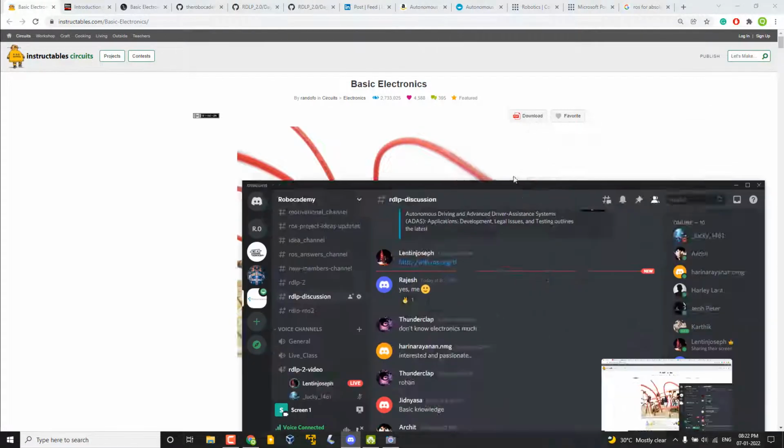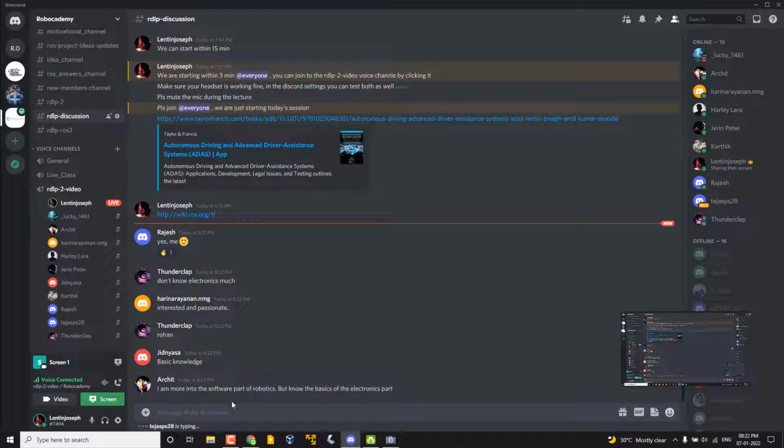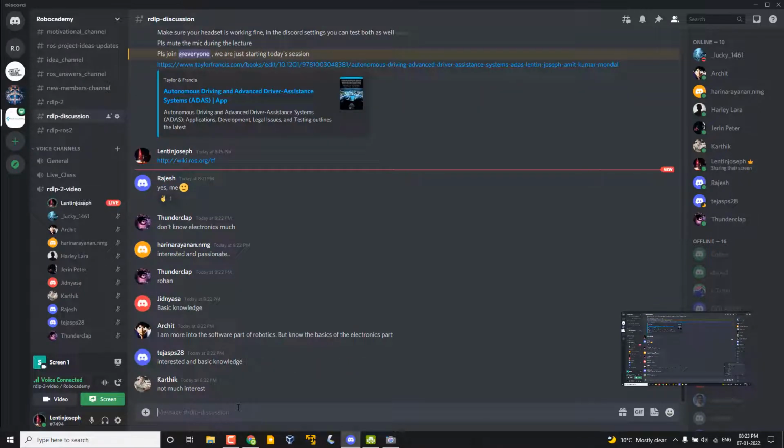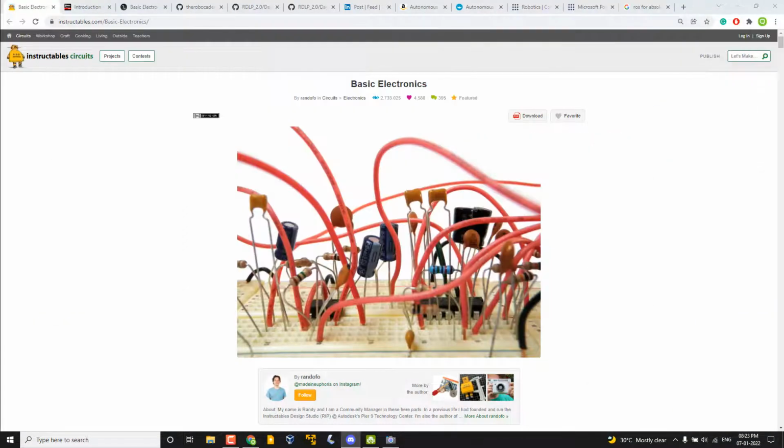Ashit is mainly into the software part of robotics, but knows the basics of electronics, fine. Then Tejas, interested in basic knowledge, great. Then Karthik, not much interest, okay. Anyone else? I think I got some understanding about the team members' interest. Okay, have basic knowledge, yes.